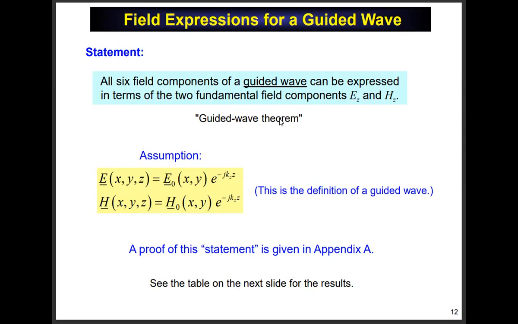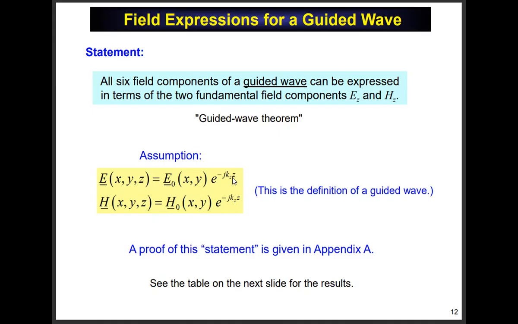And what does a guided wave mean? The most general definition of a guided wave is that your E and H vectors have this mathematical form. E0, H0 means you're evaluating the field at z equals 0. The 0 subscript means evaluated at z equals 0, so it has no Z in it. And then what we call the propagation term, e to the minus j kz z.